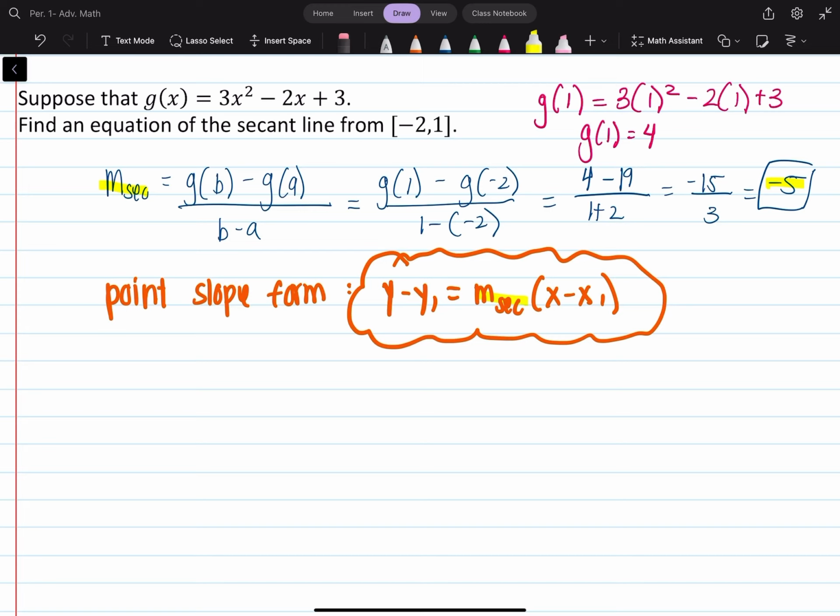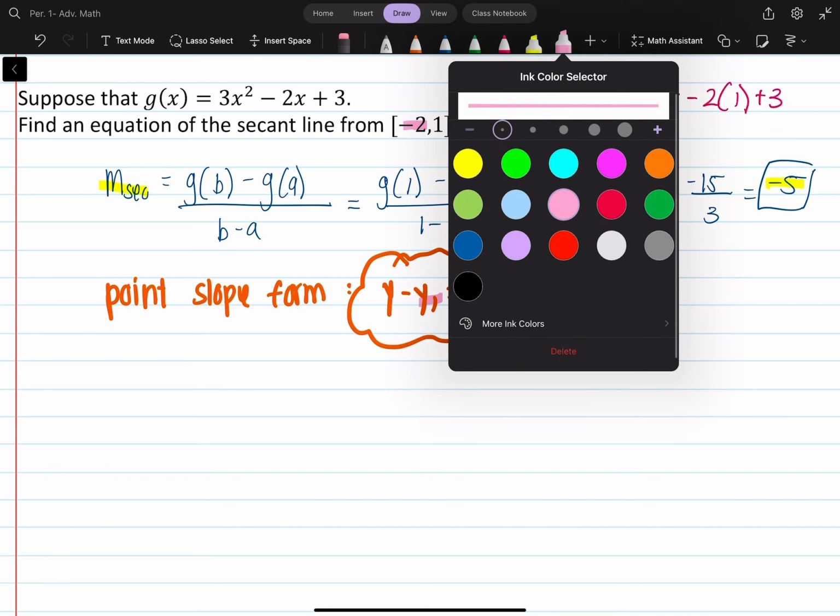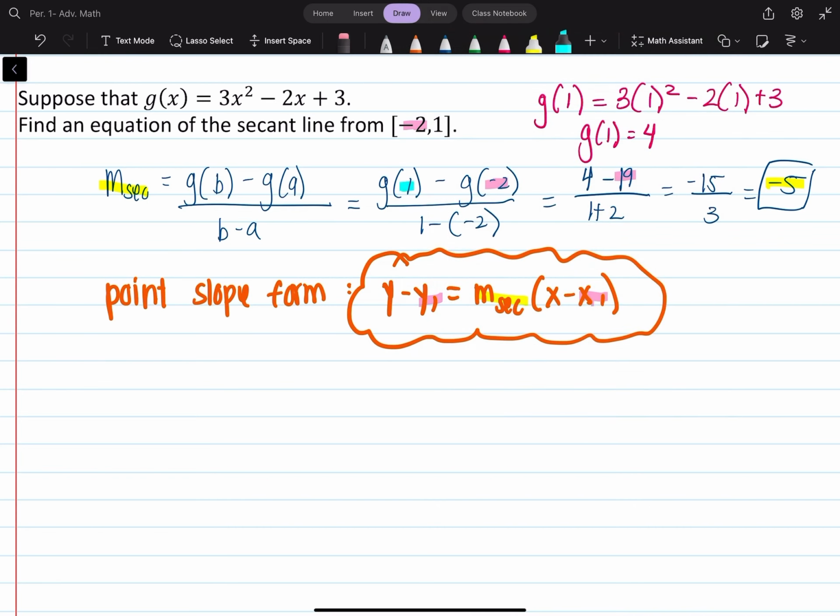And then when it comes to x1 and y1, these are just a coordinate. And you know two coordinates here. You know that when your input is -2, your output is 19, right? And you know that when your input is 1, your output is 4.